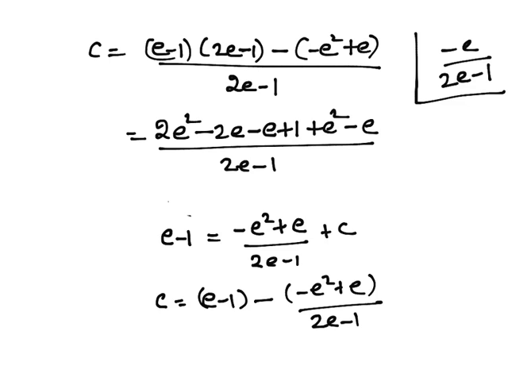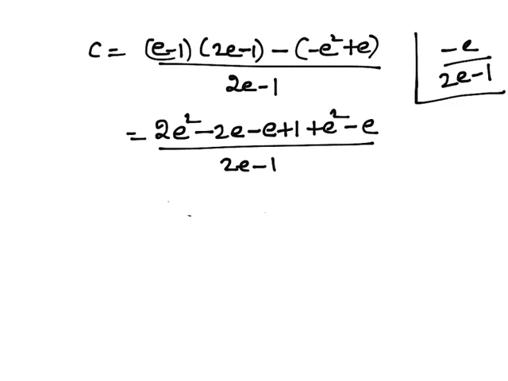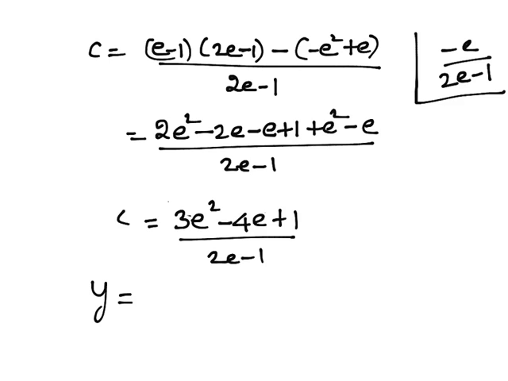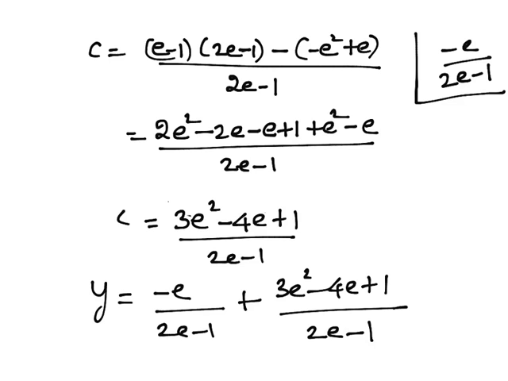So basically I will get 3e squared minus 4e plus 1 by 2e minus 1. So this is c, so the equation of normal is y equal to minus e by 2e minus 1 times x plus 3e squared minus 4e plus 1 by 2e minus 1.